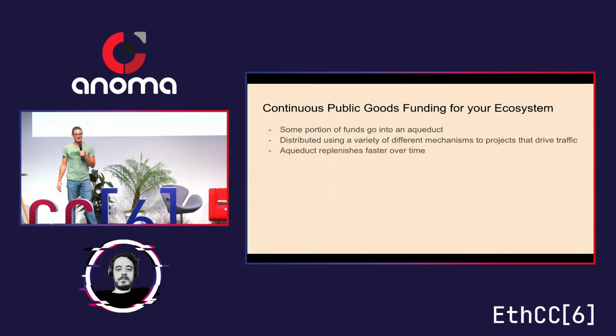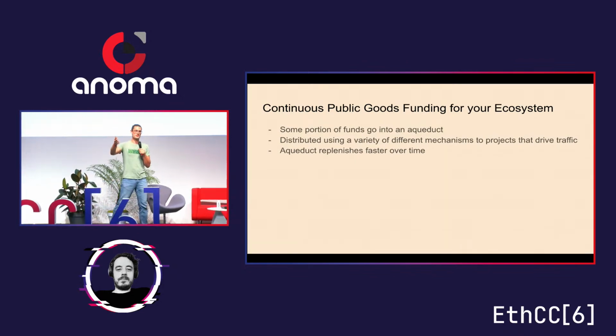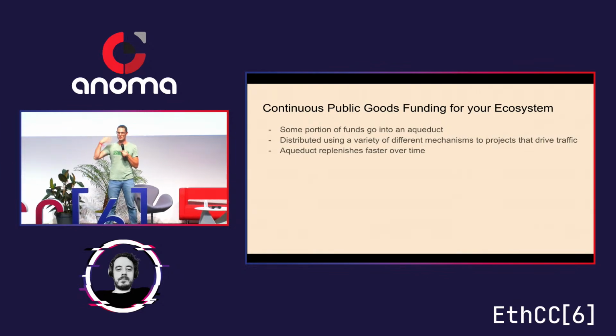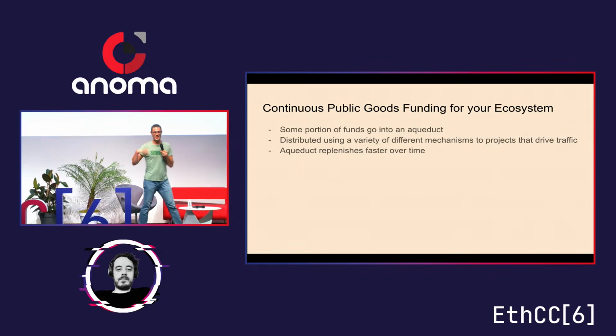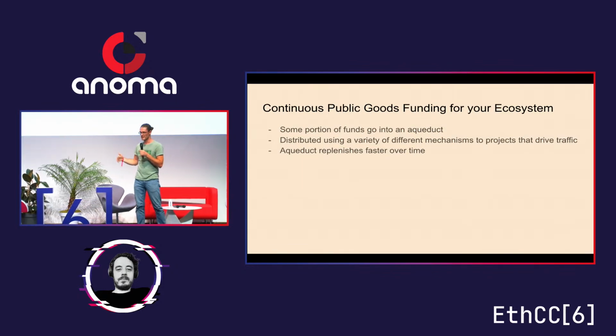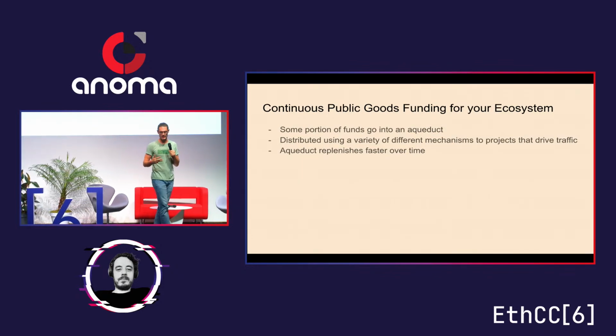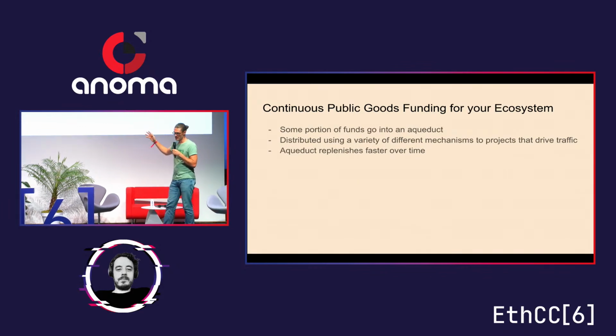The first is this idea of continuous public goods funding within your ecosystem. So whatever your ecosystem's definition of public goods funding is, you can do something like that. Here you're using that Aqueduct that I was talking about, right? Some percentage of your protocol fee or whatever it is, NFT sales, something like that, is going to go into the Aqueduct.